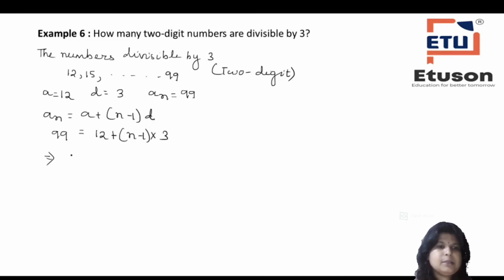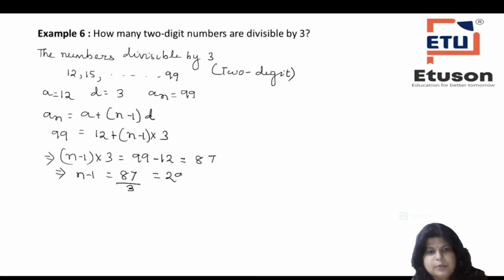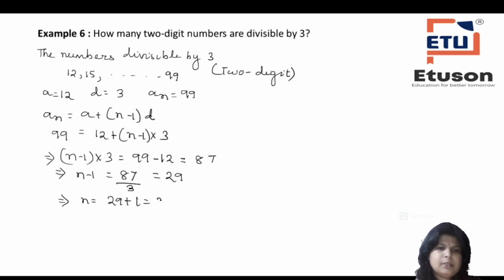It implies your n minus 1 into 3 is equal to 99 minus 12, which is 87. So your n minus 1 is equal to 87 divided by 3, which is equal to 29. So your n is equal to 29 plus 1, that is 30.